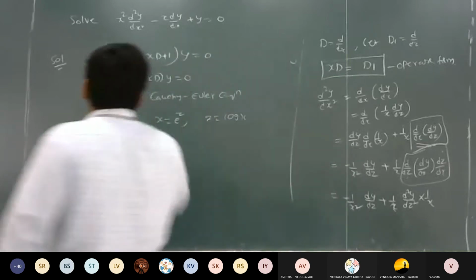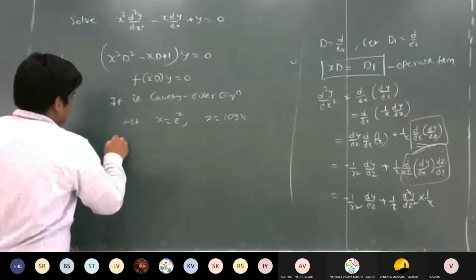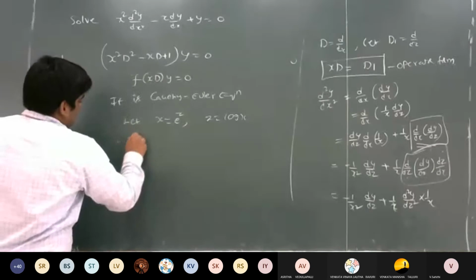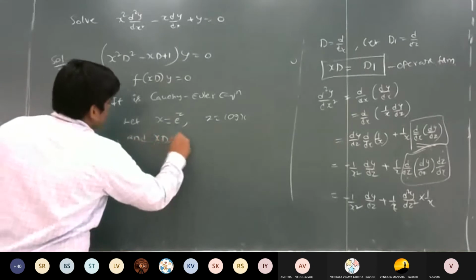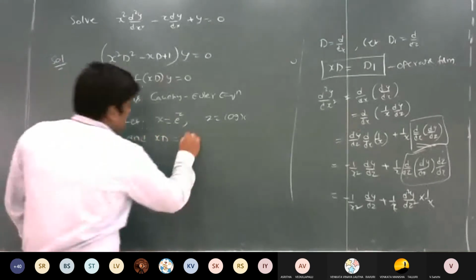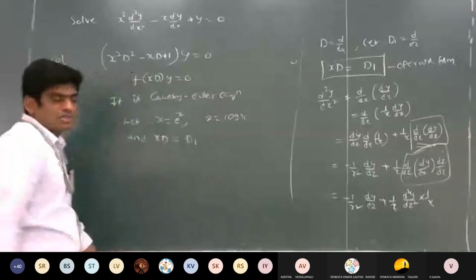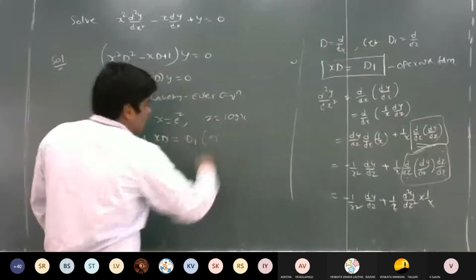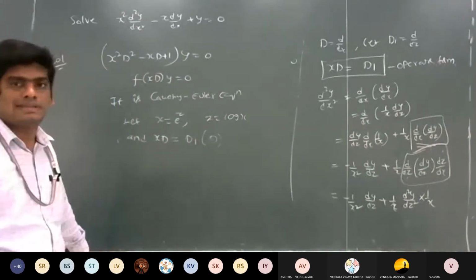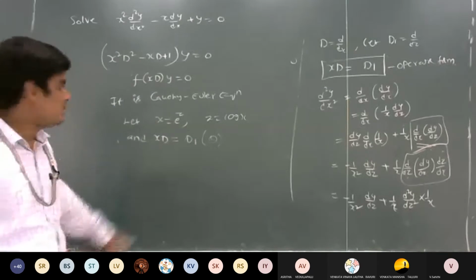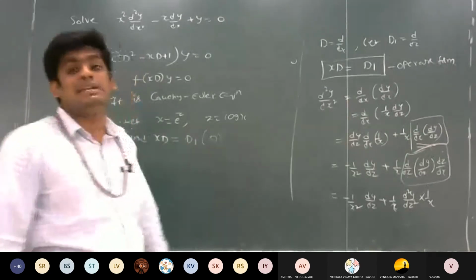Now what is xD? It is replaced by D1. Some authors may use theta, which is nothing but d by dz, but here I am taking D1 as d by dz.